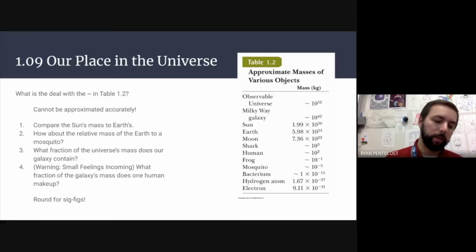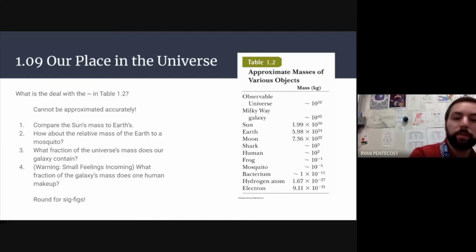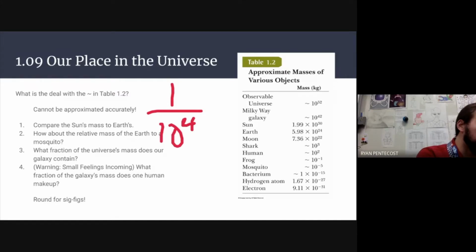I don't want to count that. But I believe that is 1 with 40 zeros. So if we want to look at your mass compared with everything else in the galaxy, you would have 40 zeros. I don't want to write that out, that's just obnoxious. 1 over 10 to the 40th power.